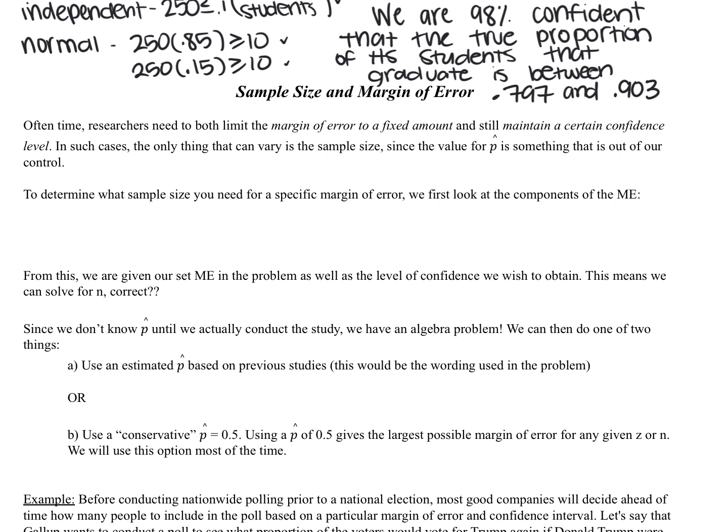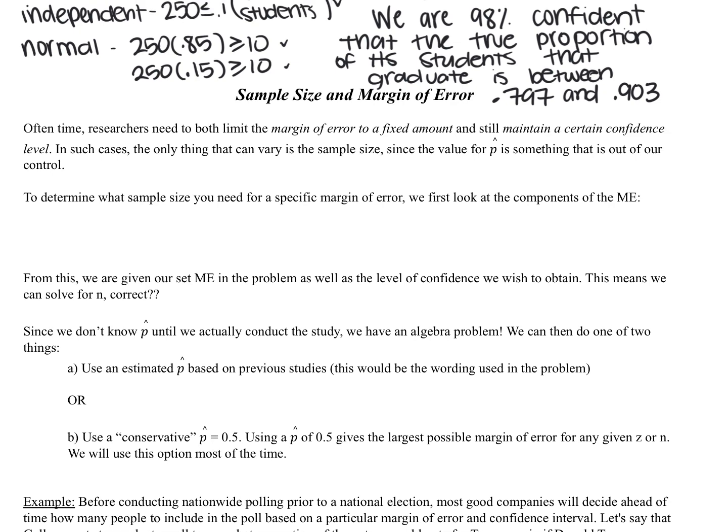So to determine the sample size you need, we first look at this piece of the confidence interval formula that accounts for margin of error. So the margin of error is the z critical value times the square root of p-hat times 1 minus p-hat all over n.